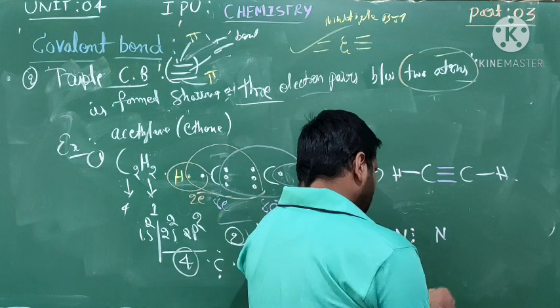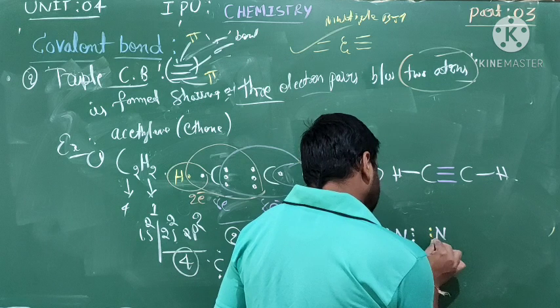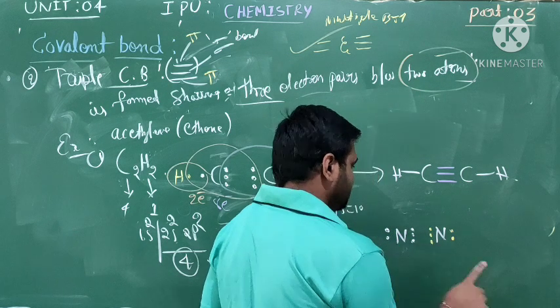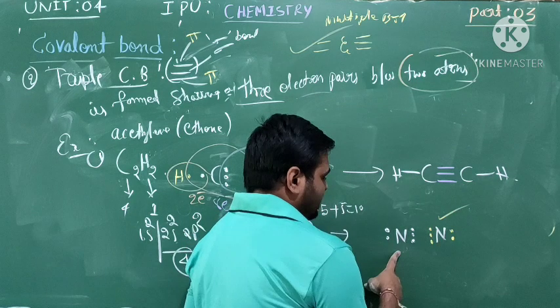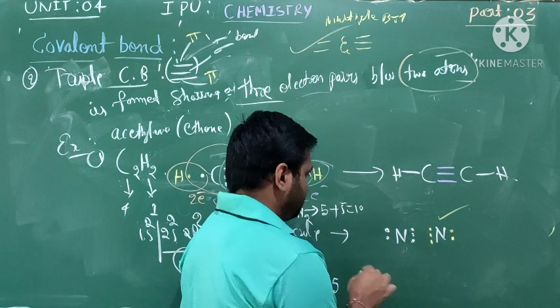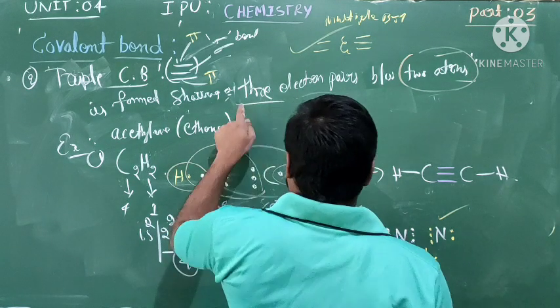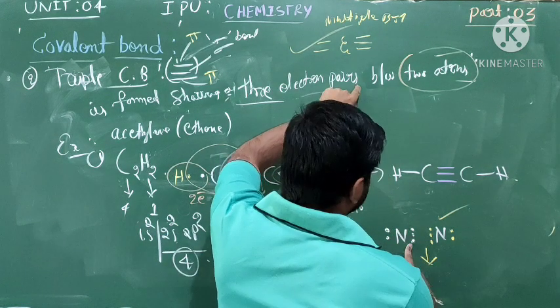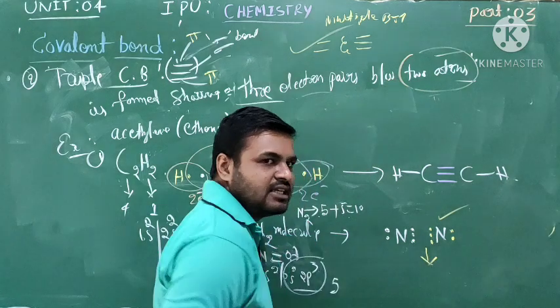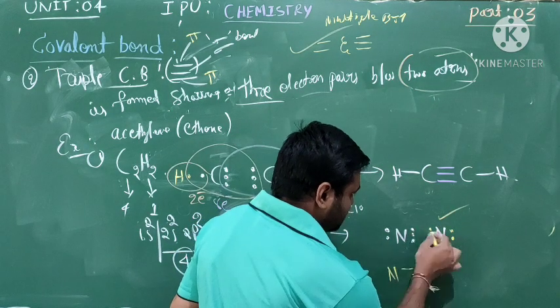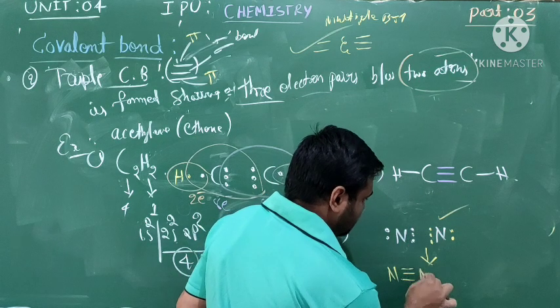Another nitrogen has 1, 2, 3 and the remaining 2. So this nitrogen has 1, 2, 3, 4, 5, and here also 1, 2, 3, 4, 5. Clear? Bonding is formed by getting 3 electron pairs between the nitrogen atoms, forming nitrogen, 1, 2, 3, and nitrogen.